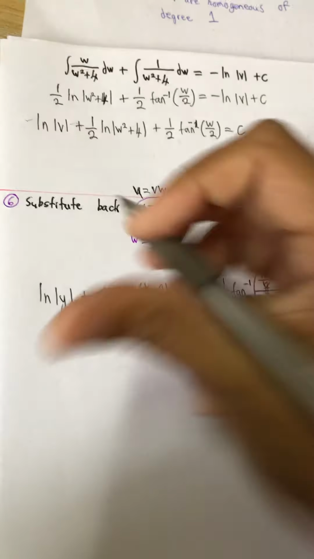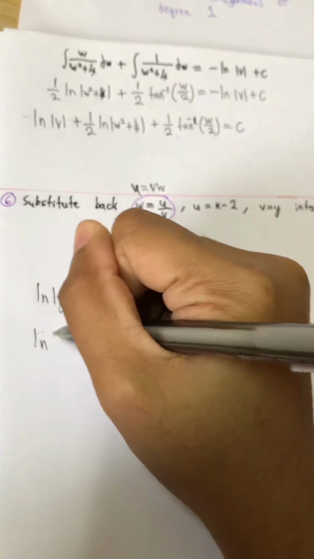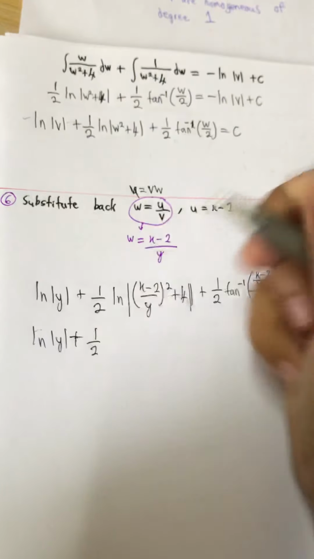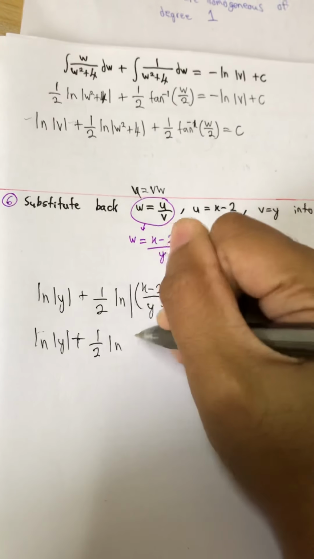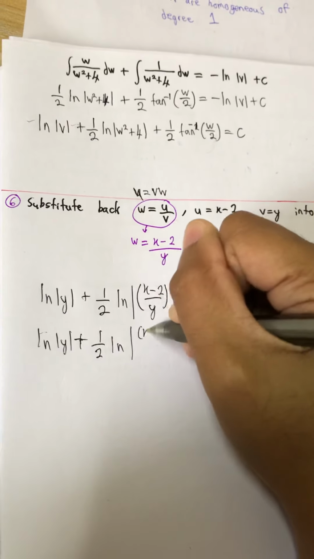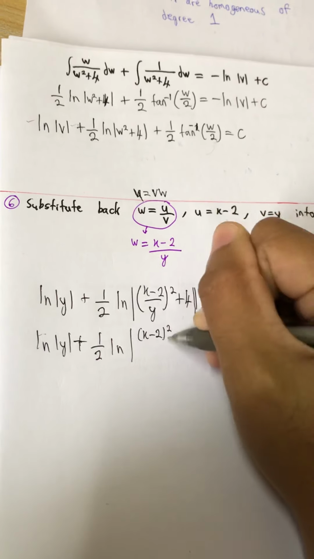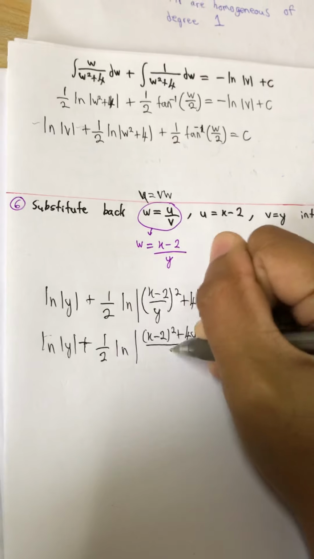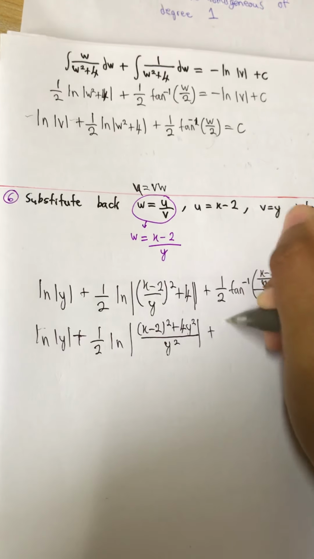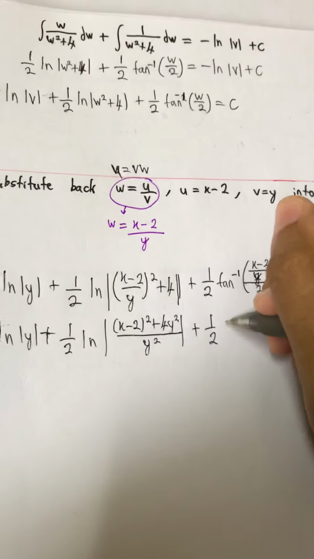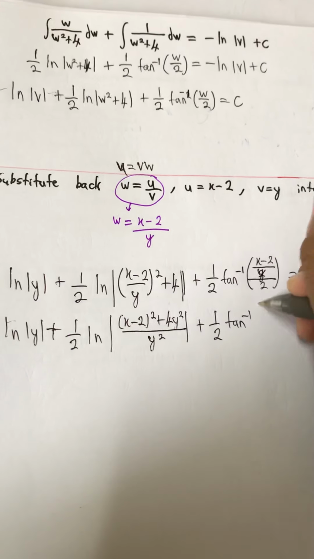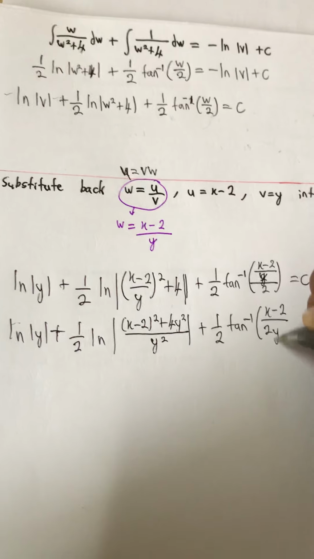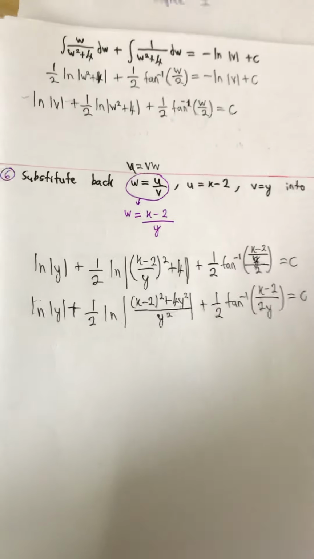So we simplify it, so we get ln y plus 1/2 ln of ((x − 2)² + 4y²) over y², plus 1/2 tan⁻¹((x − 2)/2y) equal to c.